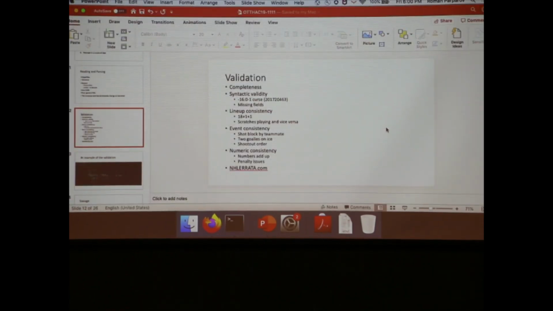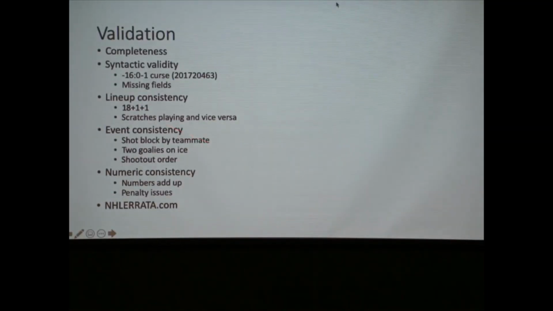Sometimes some fields will be just missing as well. So, of course, we should check that the lineup is consistent, that it's 18 plus 1 plus 1, that the players that are playing are in the roster and are not the scratches. Recently, this data is very consistent.